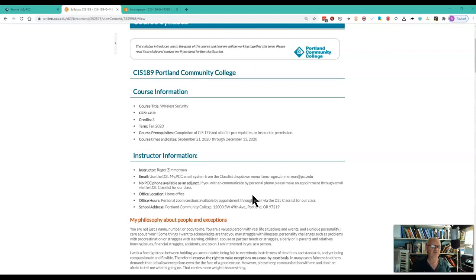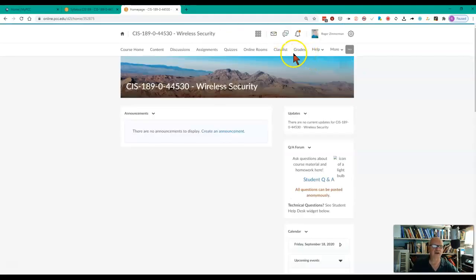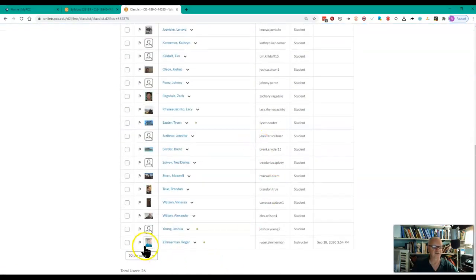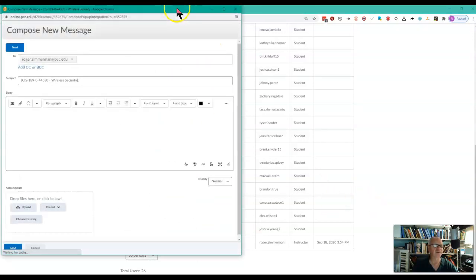In order to get my attention, you should email me, but I like you to email me through the D2L interface. You do it here by going up to the class list. And as soon as it comes up, you'll go down to the bottom where Zimmerman is and click this down arrow and say send email, and send me an email through that.